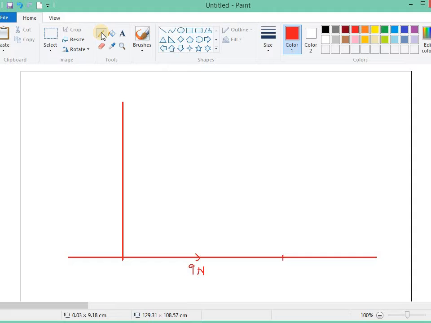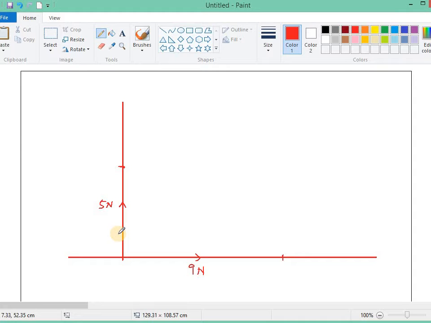And then measure 5 centimeter here. So this is 5 Newton. This 5 centimeter represents 5 Newton.